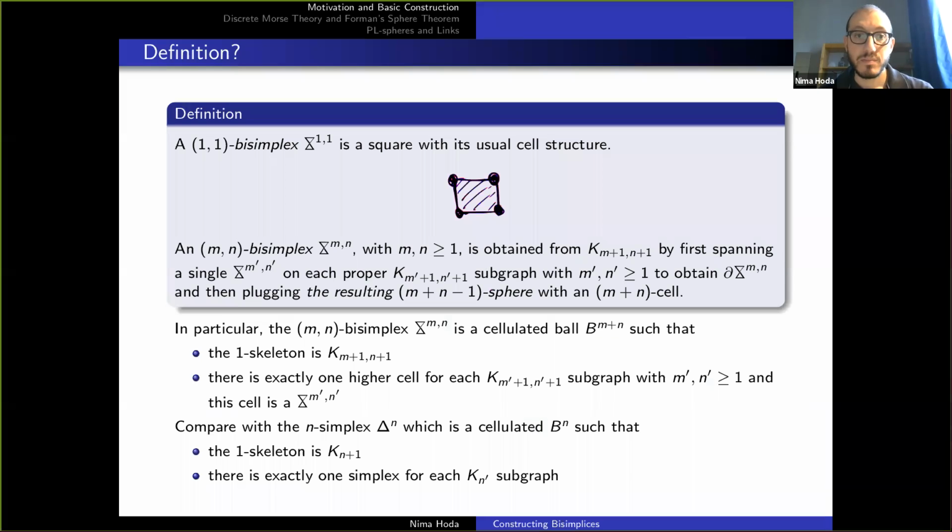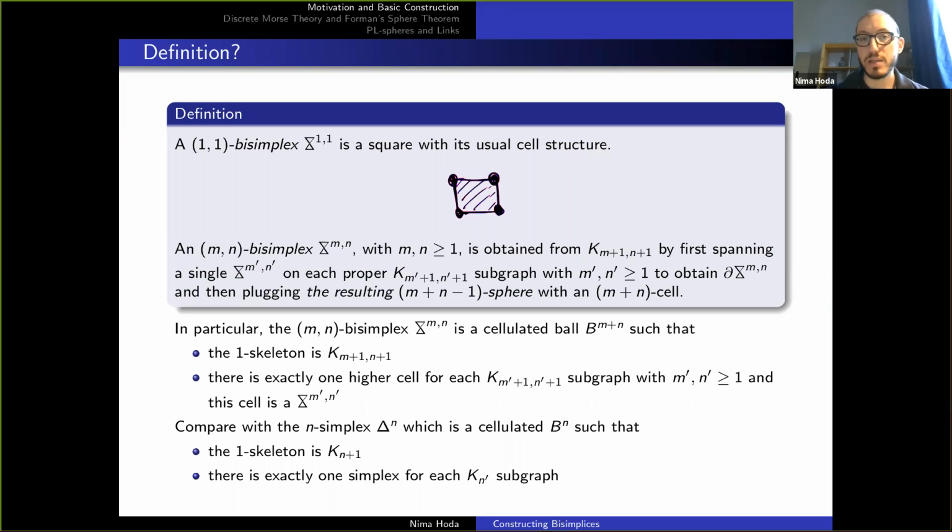In particular, an m-n bisimplex is a cellulated ball of dimension m+n, such that the one-skeleton is the complete bipartite graph on parts of size m+1 and n+1.